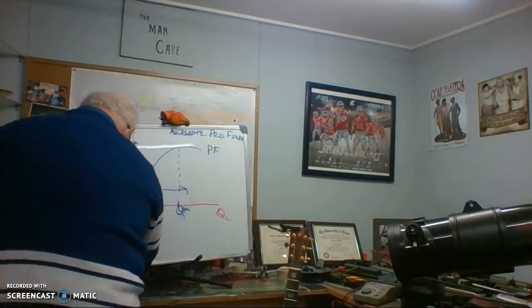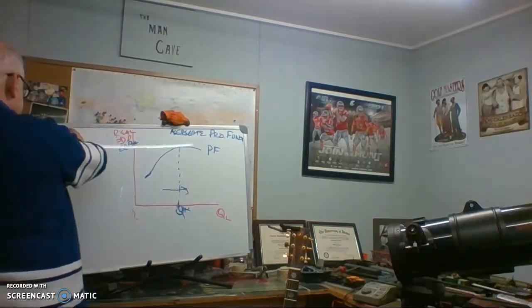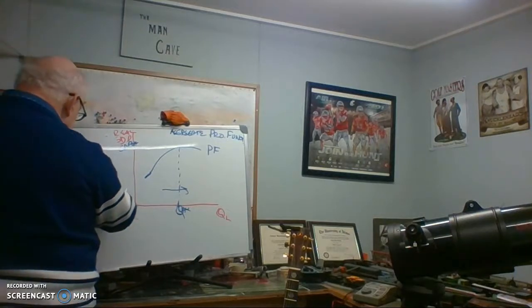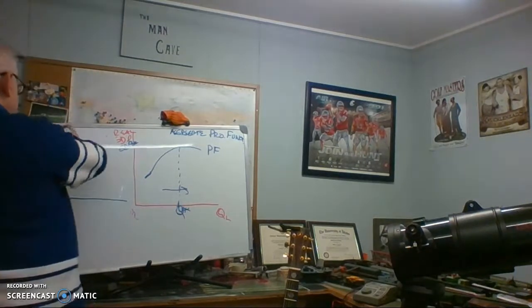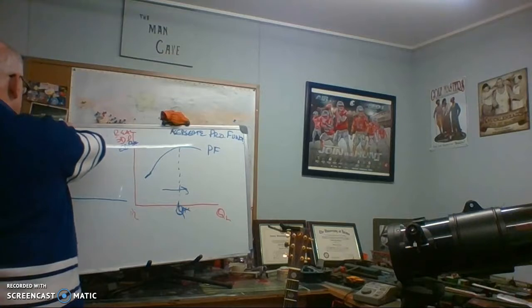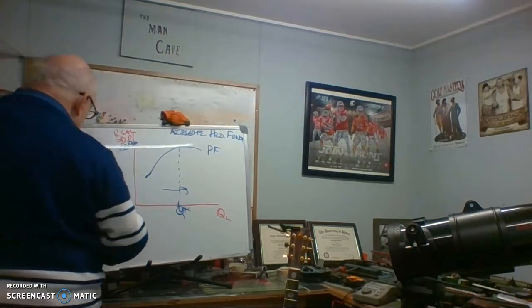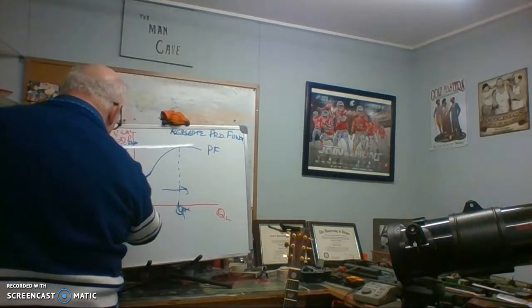What we can do is show the long-run aggregate supply. So we have a price deflator there, or say an average price level, and we have real GDP here.